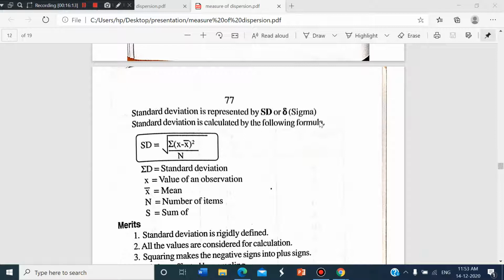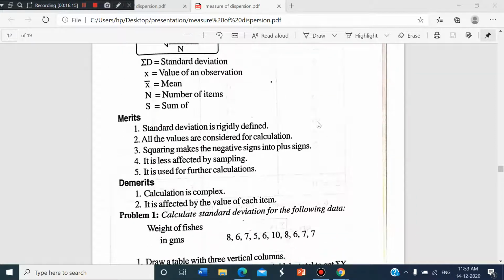What are the merits of the standard deviation? Standard deviation is very rigidly defined. All values are considered for calculation. No value is left out. Squaring makes negative signs positive.